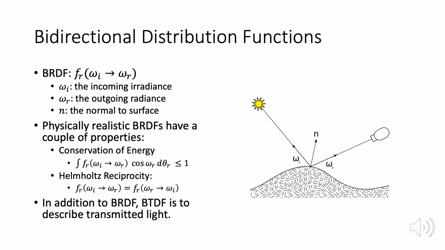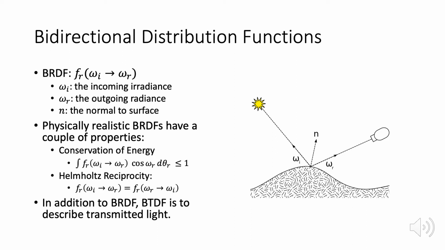To model light transport, we introduce bidirectional distribution functions here. Considering reflection happening on a surface, a bidirectional reflection distribution function can describe the ratio of reflected radiance existing along the direction omega r, which you can find in this picture, to the irradiance incident on the surface from angle omega i, which you can find in this picture as well.